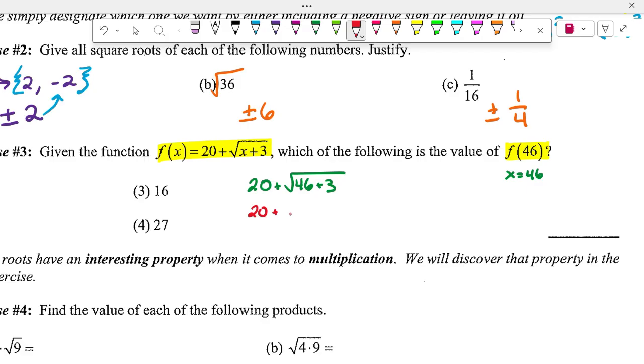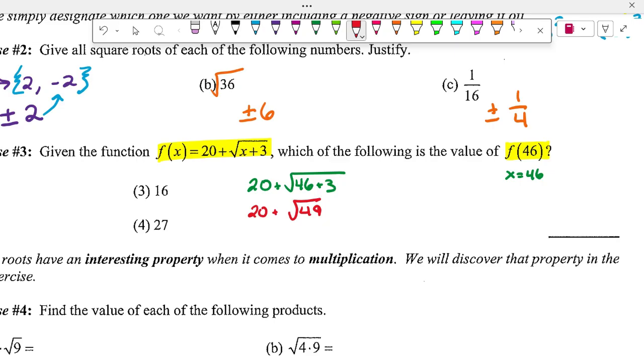So what's 46 plus 3? 49. What would I do next? Square root it. Why? Because it's under a square root, and you can't subtract 20 from the square root of 49. Why does PEMDAS say we have to?